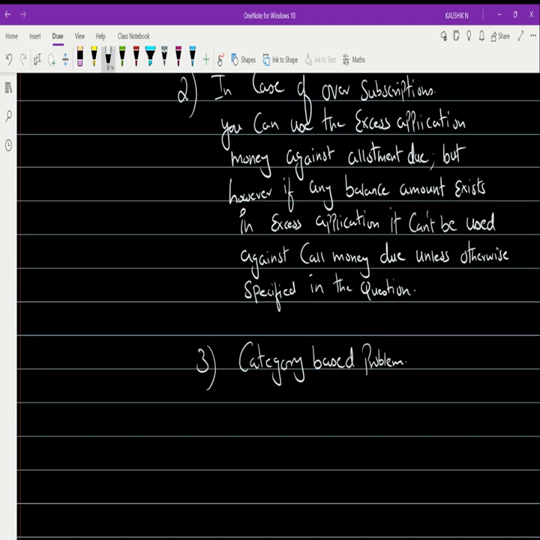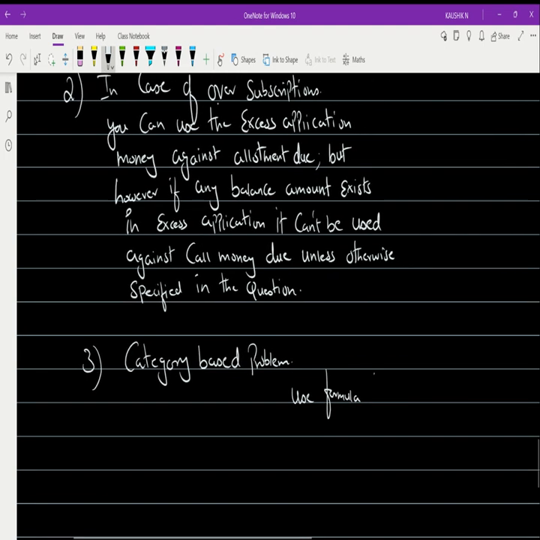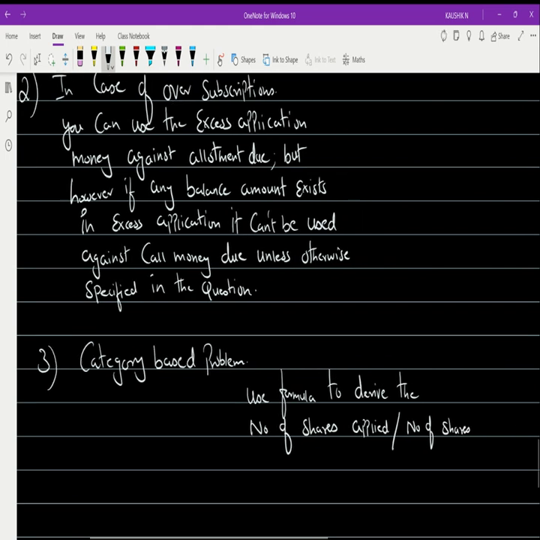In a category based problem, you have to use a formula to derive the number of shares applied or the number of shares allotted.